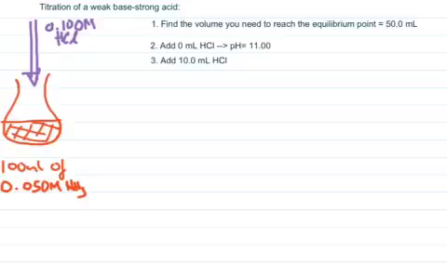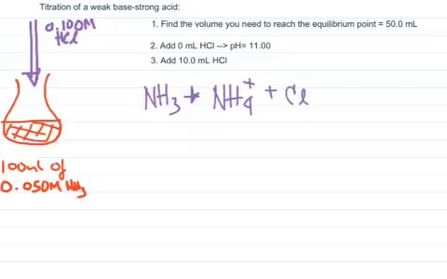So what is now in this flask? Well, we still have ammonia. Now because we are adding the hydrochloric acid, we are forming ammonium plus some chlorine ions. Again, the hydrochloric acid is being used up by the ammonia to form ammonium.